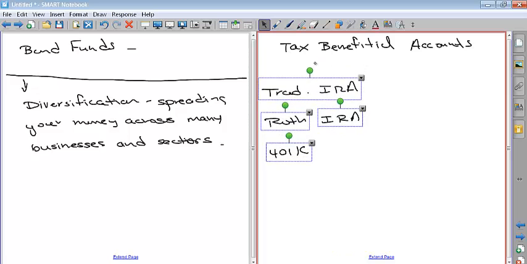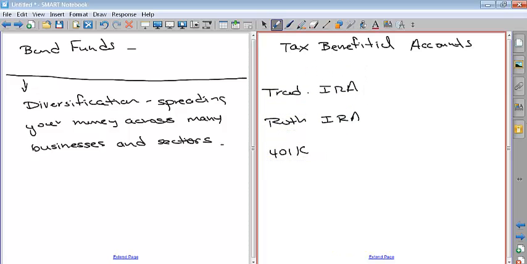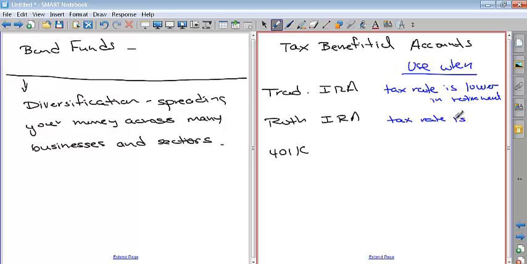When we demonstrated in class, basically the difference between these two has to do with whether your tax rate is higher or lower when you retire. So you use a traditional IRA when your tax rate is lower in retirement, and a Roth IRA if your tax rate is higher in retirement.